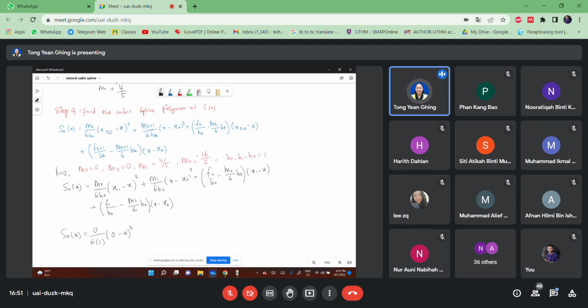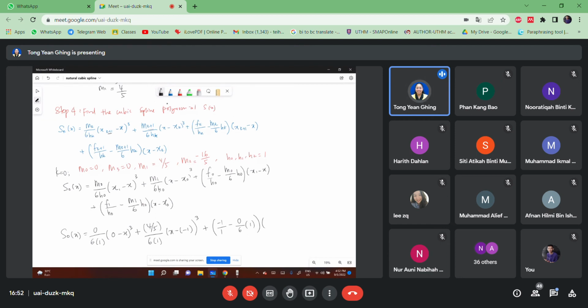Minus x power of 3. 4 over 5, 6 times 1. x minus x0, which is negative 1, and then power of 3 plus F0. F0 is negative 1, divided by 1 minus, this one is 0 over 6, this one 1.